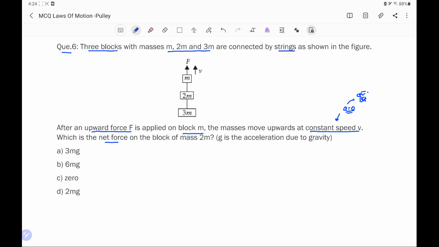What is the net force on the block of mass 2M, where g is the acceleration due to gravity? Because acceleration is 0, the net force on the block 2M should be 0. So option C is the correct option. Similarly, we can also say for the other masses M and 3M that net force is 0, because all the 3 blocks are moving with constant velocity, that is, acceleration is 0.